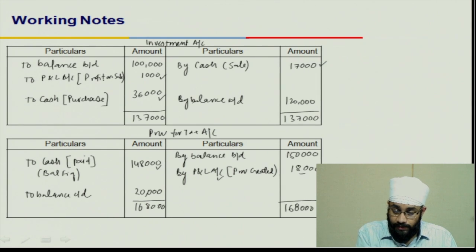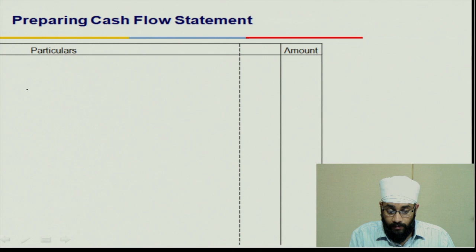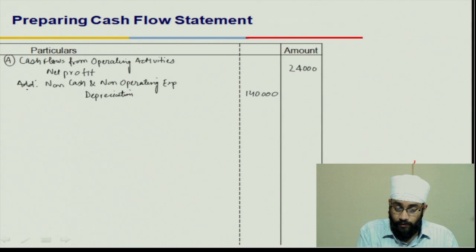So apart from this, you have profit on sale of investment, and in the fixed asset account you also have profit. So there are two figures of profits which are non-operating incomes for the business, and these have to be deducted from the cash flow from operating activities.